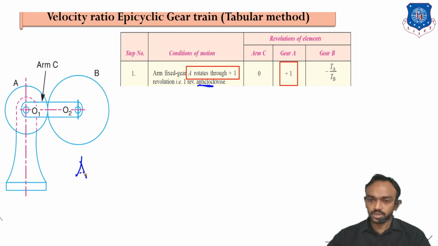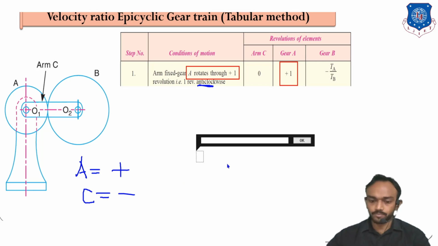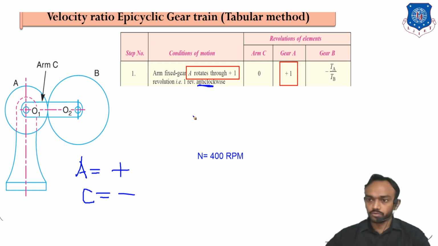We have taken one assumption that anti-clockwise means positive and clockwise is negative. It may change from book to book, but the final answer will be the same, okay. Because if you write an answer like RPM N equal to 400 without the sign plus or minus, it will be wrong. You have to write clockwise or anti-clockwise, okay.